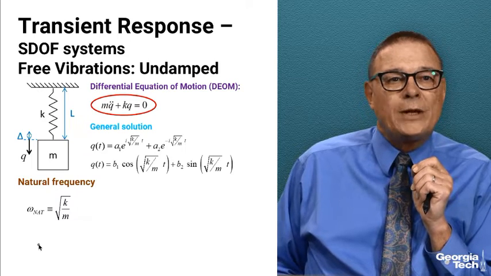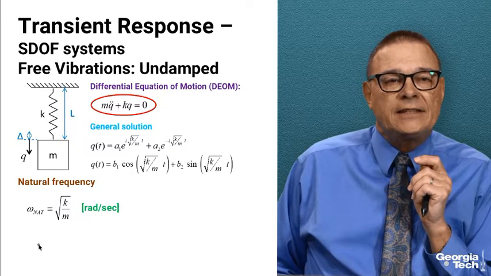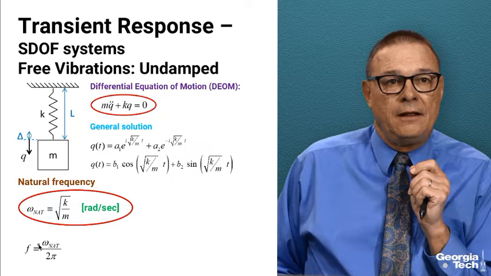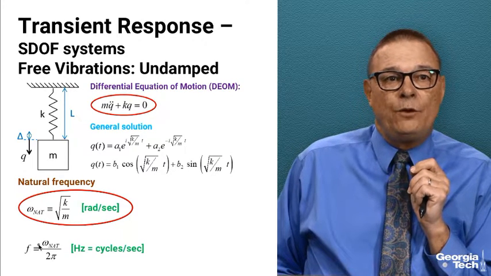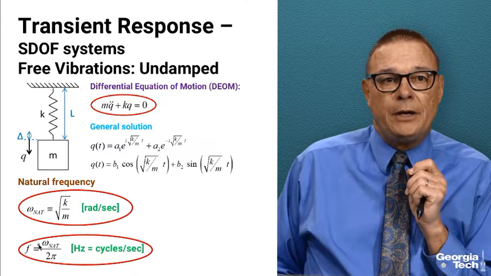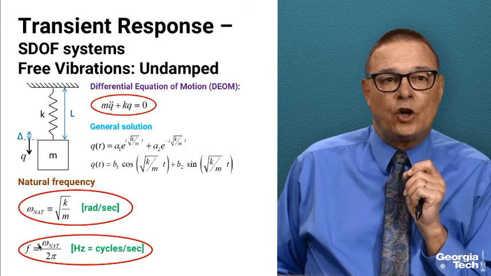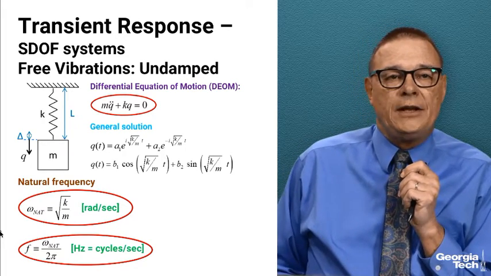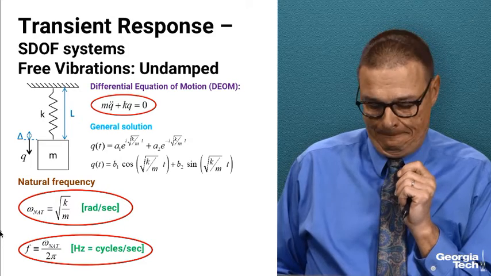That's why I have the three-bar equal sign there. And it's given in radians per second. Then we have what's also called the natural frequency, but it's in cycles per second, or hertz. And so that's omega natural over 2 pi.